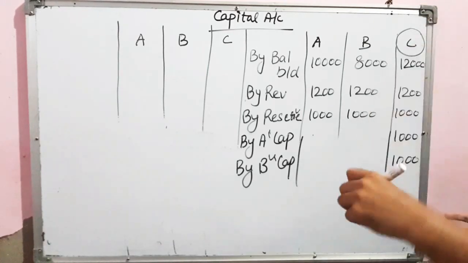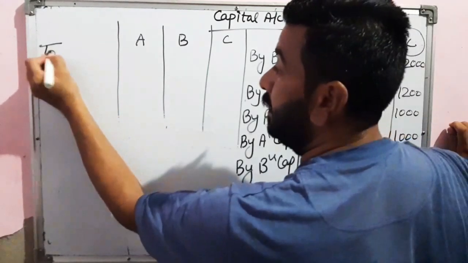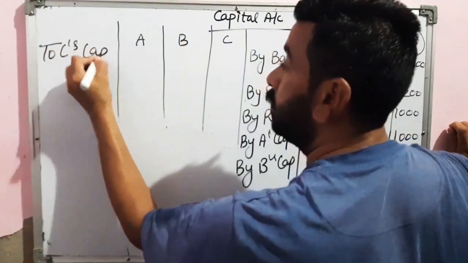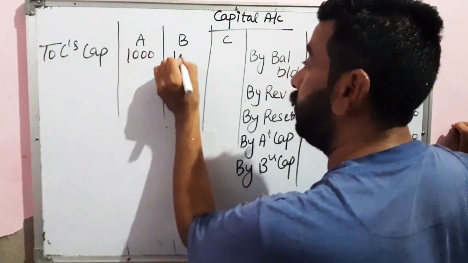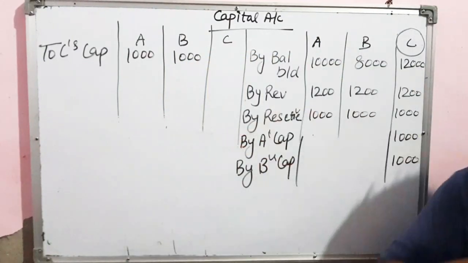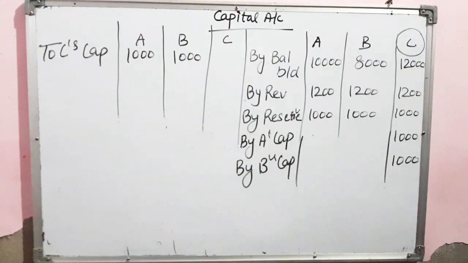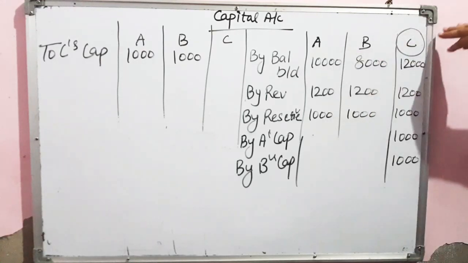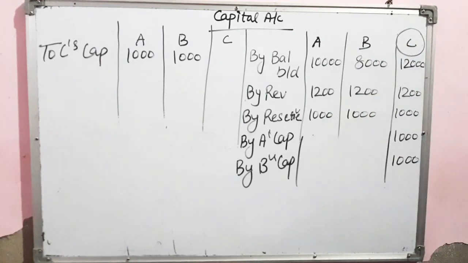It will have a double effect. To C's capital, 2,000. So it is compulsory in the retirement of a partner that when we are crediting the amount to the retiring partner C, then we have to debit the same amount in A and B, that is the remaining partners of the firm.